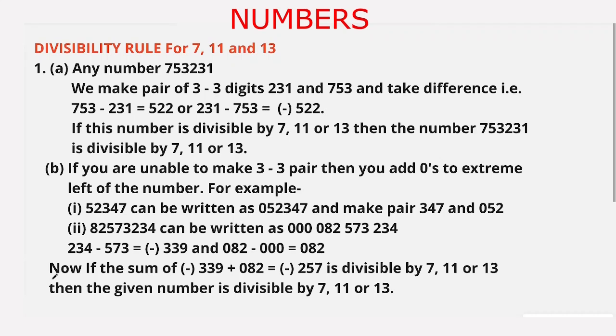Now if we take the sum of these two differences, minus 339 plus 082, this comes out to be equal to minus 257. If this number is divisible by 7, 11 or 13, then the given number is divisible by 7, 11 or 13.